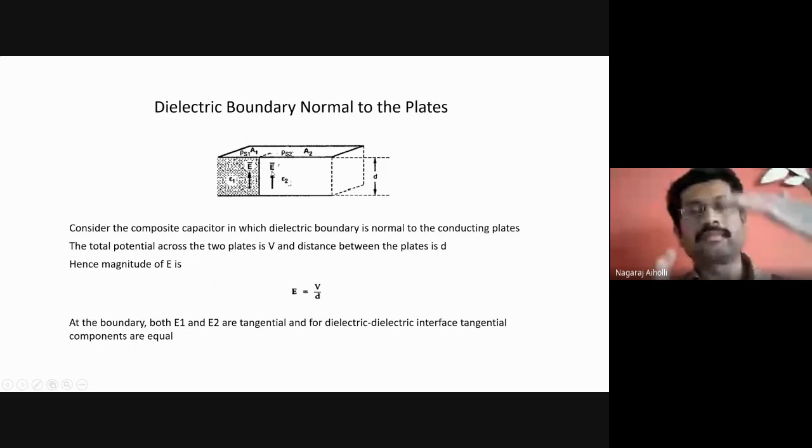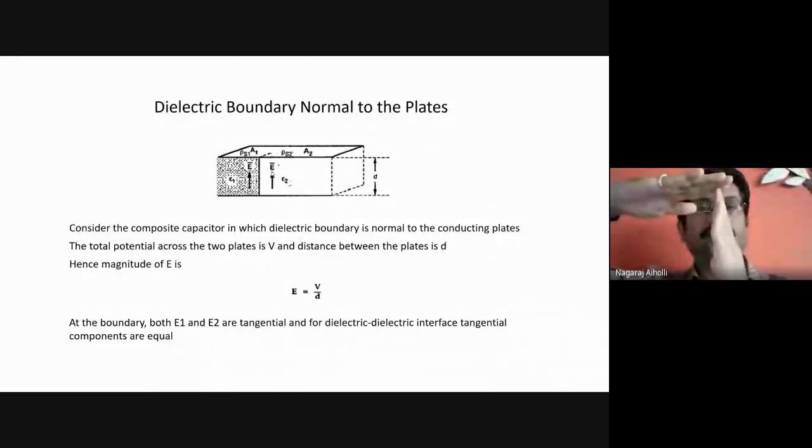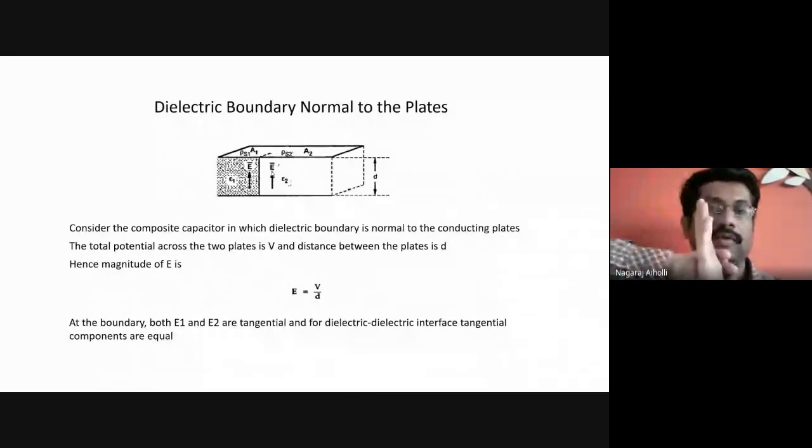Now this is the boundary. It is perpendicular to the plates. This side is the A1 plate, this side is A2. Then we have the dielectric boundary which is perpendicular to the A1 and A2 plates. If it is perpendicular, then what about the tangential component?